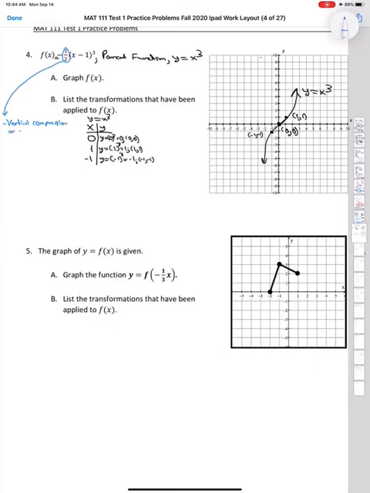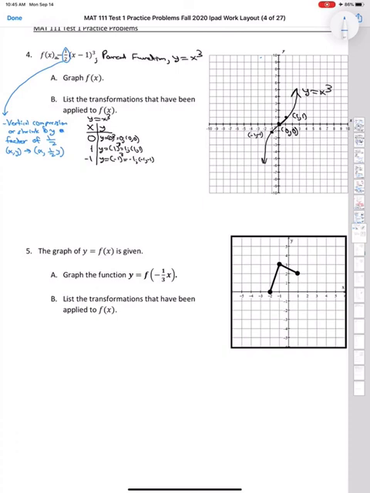Or shrink, however you want to refer to it, by a factor of 1/2. So that means we're going to multiply every y coordinate by a factor of 1/2. So as we take our ordered pairs, for example, x, y, we're going to be producing the new ordered pair of x, 1/2 y. That'll take care of that first change.